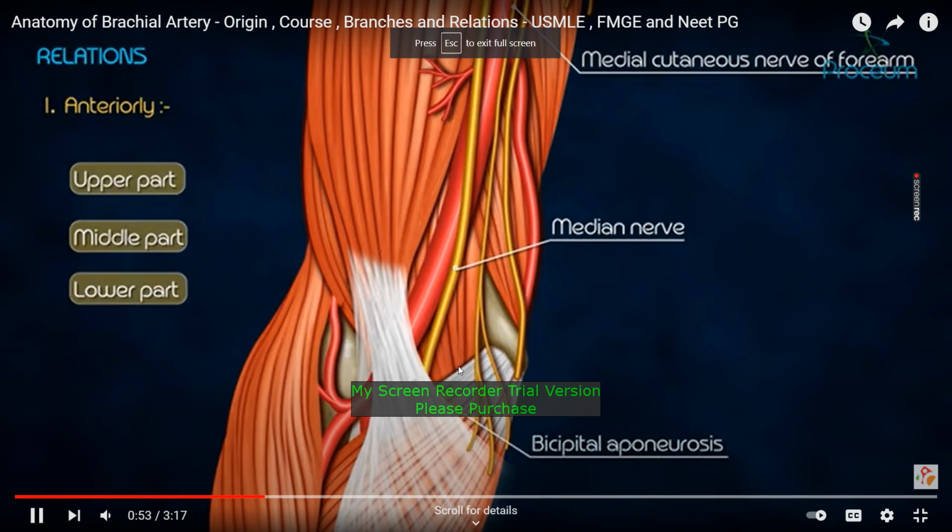So the anterior relations of the brachial artery are the medial cutaneous nerve of the forearm on the upper part, the median nerve on the middle part, and the bicipital aponeurosis on the lower part.